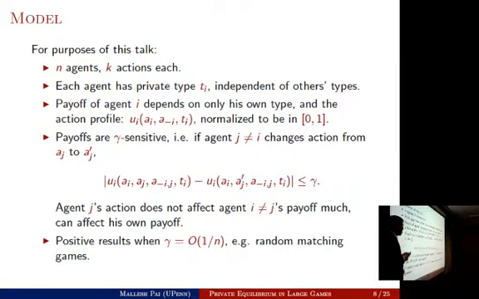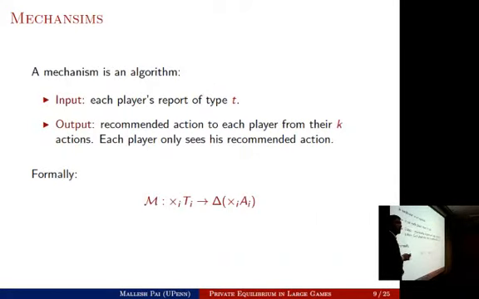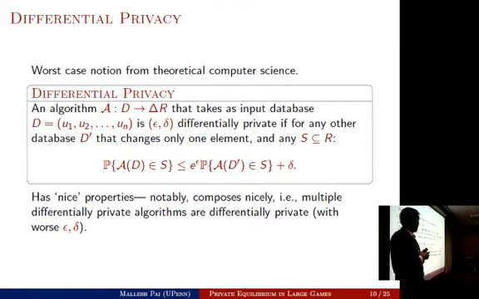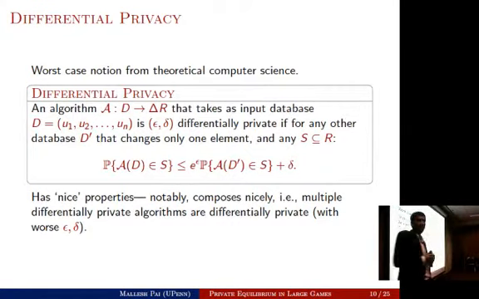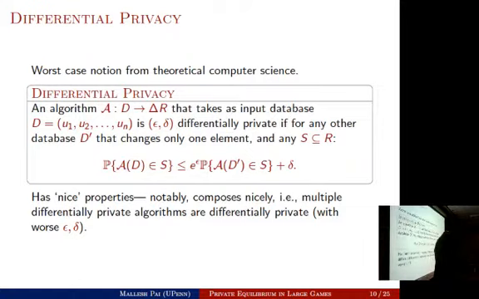Now, before I go forward, if everyone understands everything, I want to take two minutes to introduce privacy. Differential privacy is a worst case notion from theoretical computer science. It's been all the rage in some parts lately.